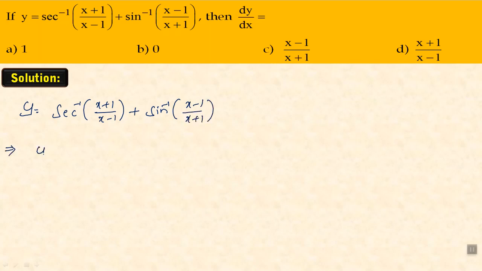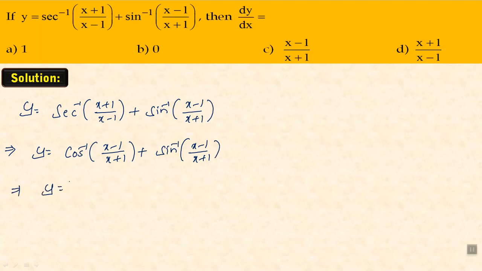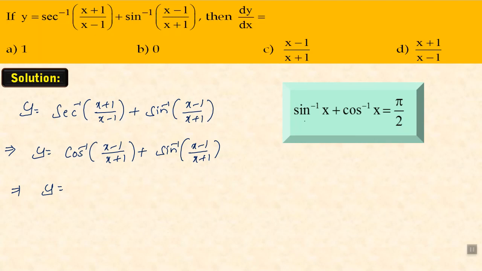This implies y is equals to secant inverse of x plus 1 by x minus 1, which can be written as cos inverse of x minus 1 divided by x plus 1, plus sine inverse of x minus 1 divided by x plus 1. This implies y is equals to, we know that sine inverse of x plus cos inverse of x is equals to pi by 2. So here value is pi by 2.